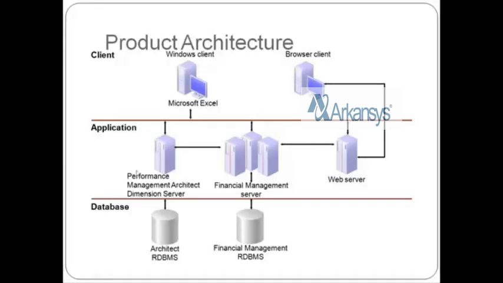This will fetch the values from here, and this will fetch the dimensions and their hierarchies from here, and together they go with the help of web services to show it to the user, whether the user is viewing it through Excel or through the web-based browser client.